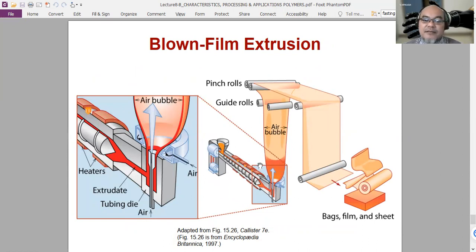The surrounding sheet of polymer goes through these guide rolls and pinch rolls to become film, and this later becomes plastic bags like we have, or plastic film or plastic sheet made from this kind of processing, blown film extrusion.